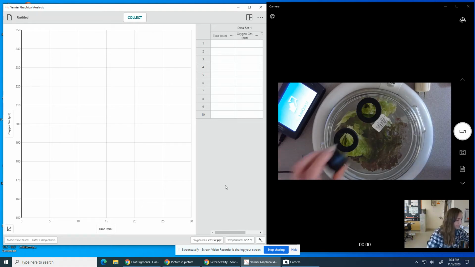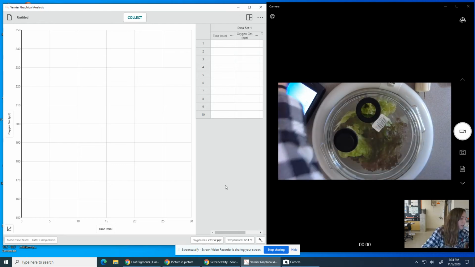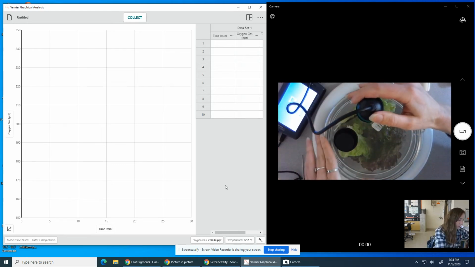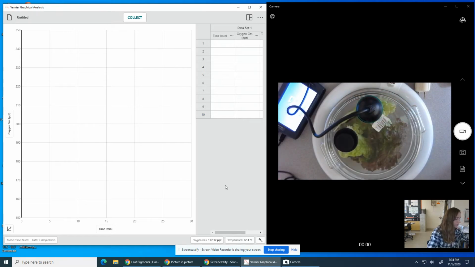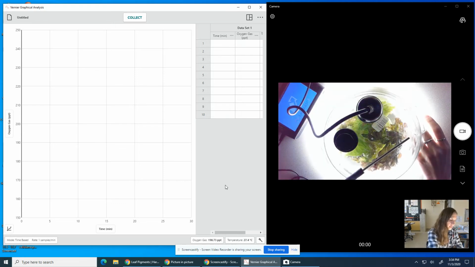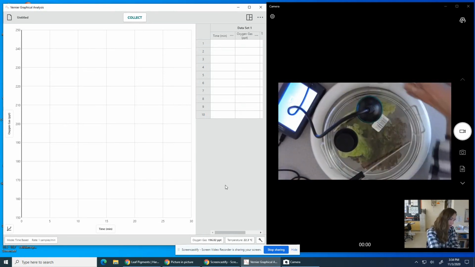Okay, so my last step is I'm going to seal everything up. And ideally, I would want my temperature probe inside the chamber. However, I didn't have the right size of stopper. I'm going to plug in my light source.